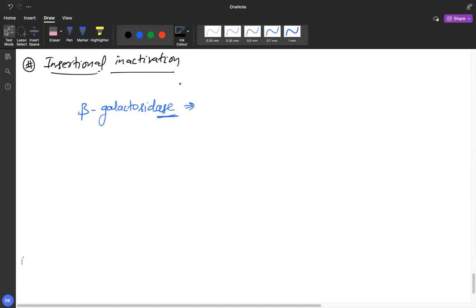So write down: if the foreign DNA or the recombinant DNA is inserted within the coding sequence of the gene beta galactosidase, it leads to inactivation of the gene. So no gene, no enzyme, right?